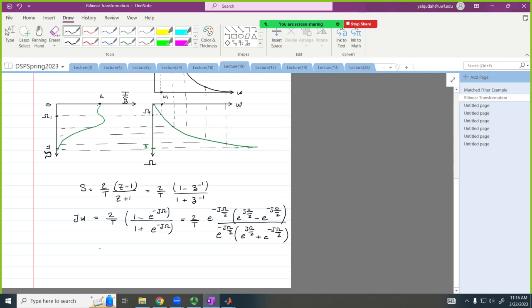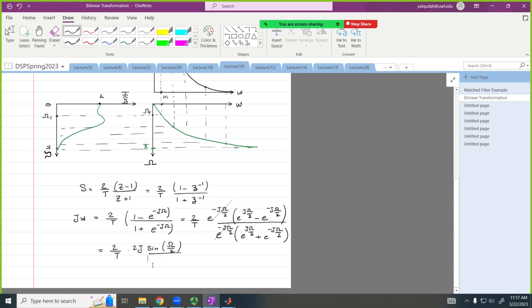What can we do next? This is going to give me 2 over T, and this will cancel with this. And what is this going to equal to? Sine or cosine? It's a sine. This is going to equal 2 multiplied by j multiplied by sine of omega over 2.